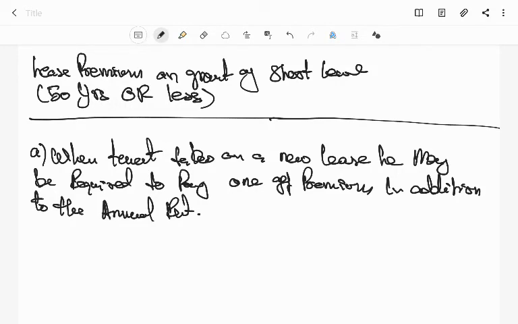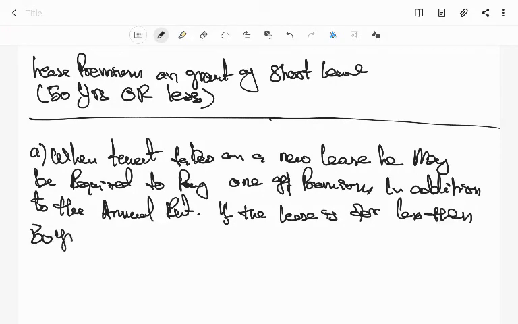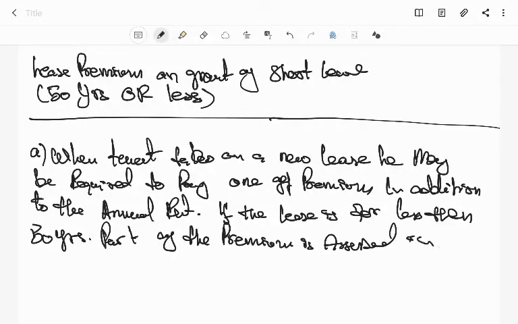If the lease is for less than 50 years, part of the premium is assessed on the landlord as property income.